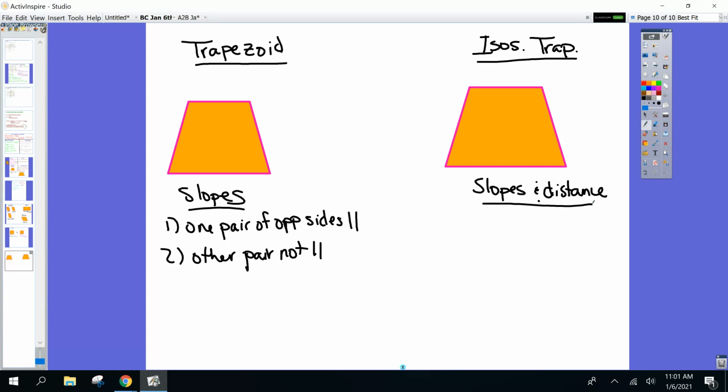All right, why slopes and distance? Well, you still need to show it's a trapezoid. And then what else would I need to add on to my proof after I show it's a trapezoid to make it isosceles? Non-parallel legs are congruent. Yep, the legs are congruent, and that's where the distance comes in.